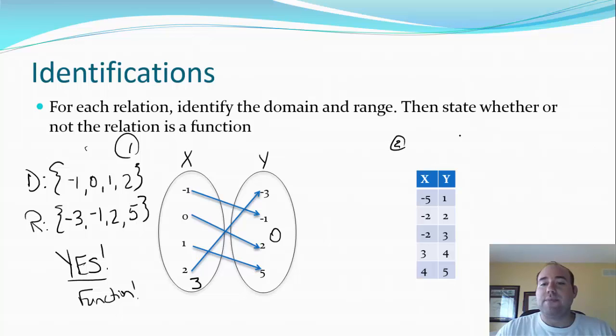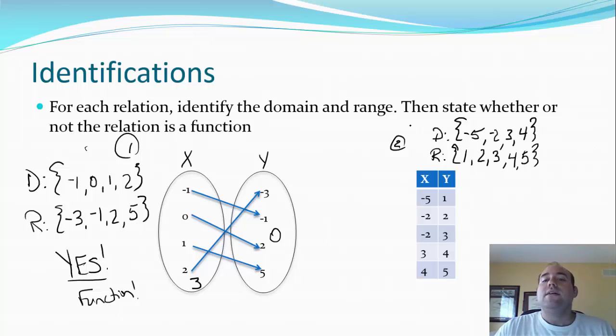We have a table. So again, our domain is just all the numbers in the x column. We'll skip that -2 that repeats. We'll only write it once. So I see -5, -2, 3, and 4. And then my range is going to be 1, 2, 3, 4, 5, because that's all the numbers that are in the y column. Now to check for the relation being a function, I look and I see, do the x-coordinates repeat?